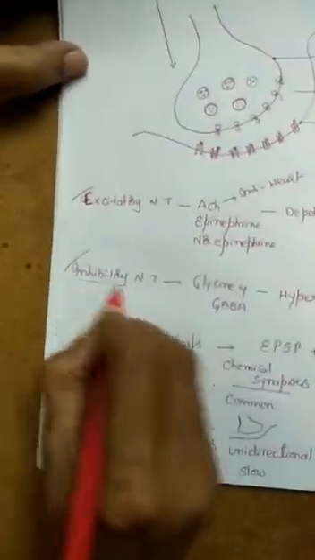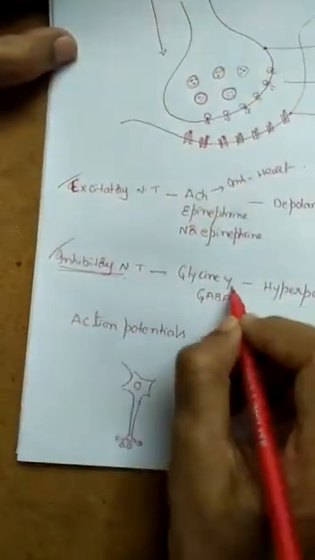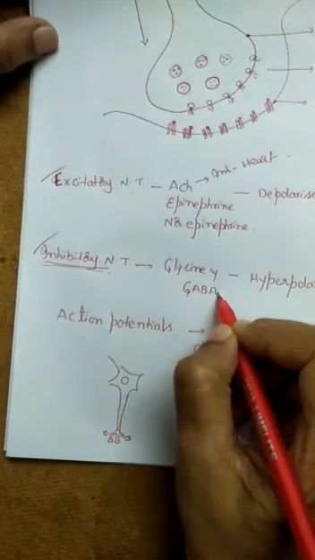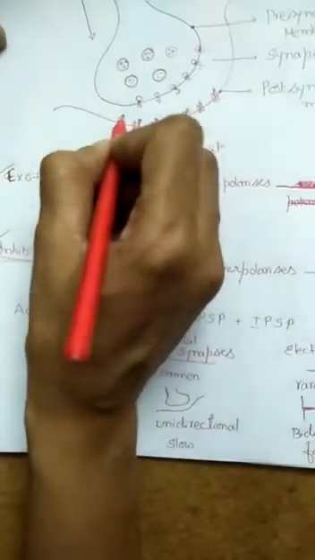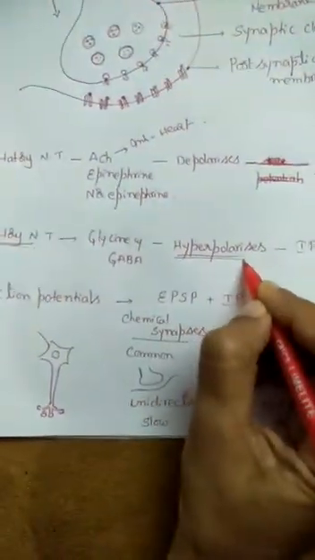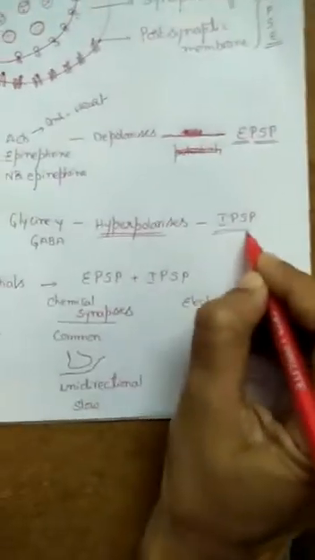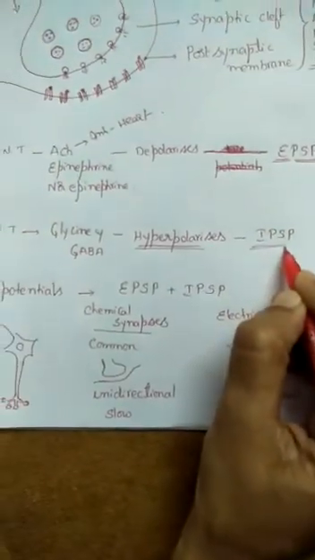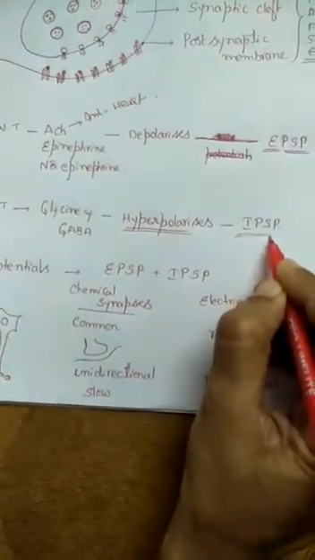Whereas inhibitory neurotransmitters like glycine or GABA attach to this receptor, then these receptors hyperpolarize the postsynaptic membrane, causing inhibitory postsynaptic potentials, which are negative potentials.